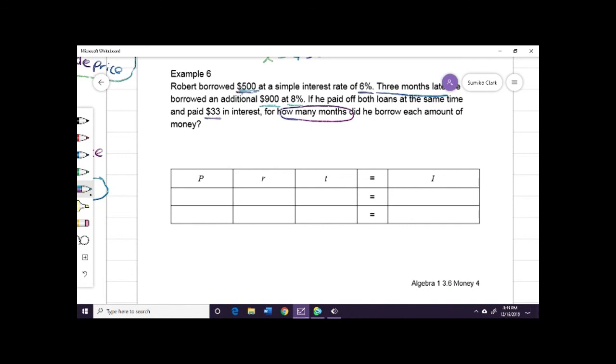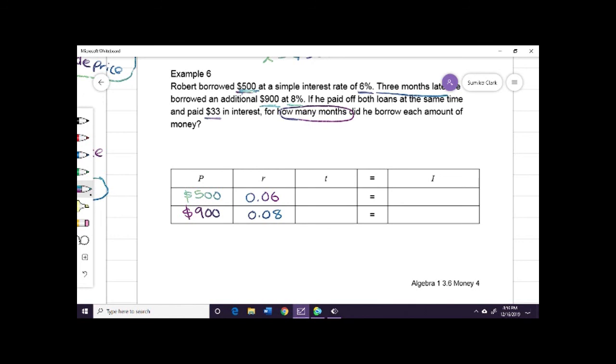Robert borrowed $500, so that's the principal on one of the loans. $500 with a simple interest rate of 6%. So our rate is 0.06. 3 months later, he borrowed an additional $900, so that's a second loan, $900 at 8%, 0.08.